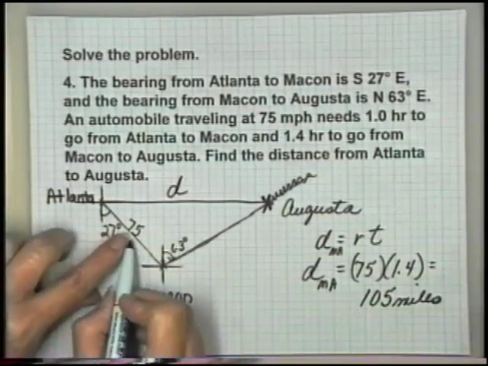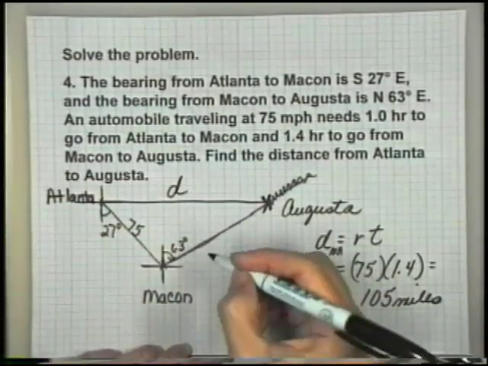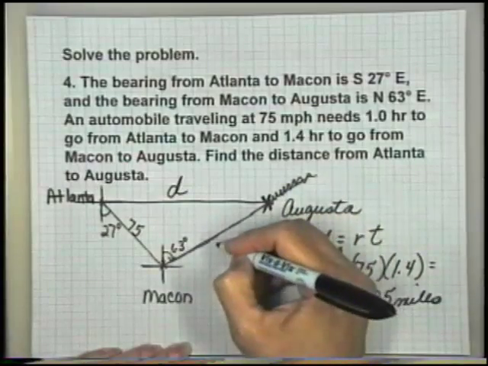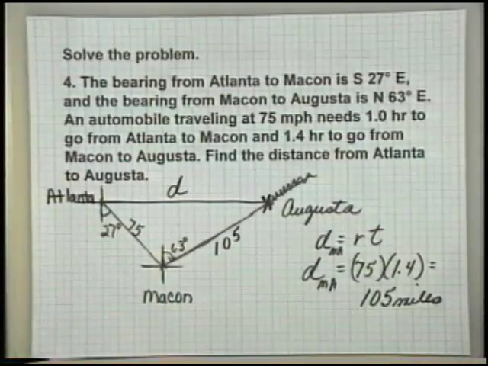It would be 105 miles, wouldn't it? And the 75 would be miles also. I'm not going to write the miles, but just keep that in mind. So I know that the length of this side of this triangle is 105.